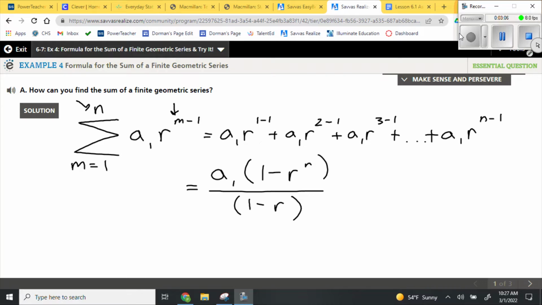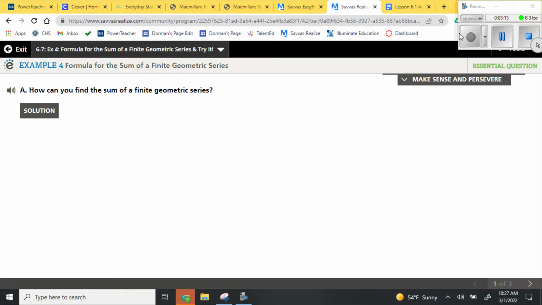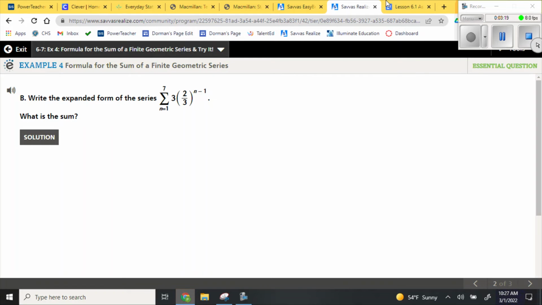All right, so let's just go ahead and apply this now. This is quite theoretical. Let's go ahead and do this with some real numbers. And so we're going to write the expanded form of the series, and then we are going to calculate the sum. I'm going to show you how to calculate it longhand, and then I'll show you how to get your calculator to do this quite quickly.